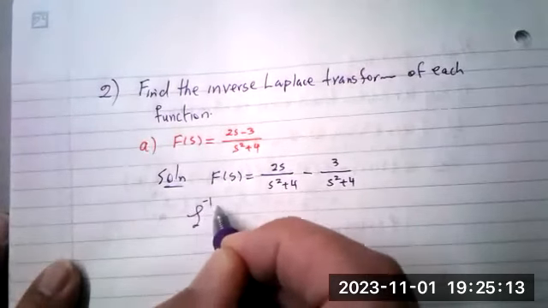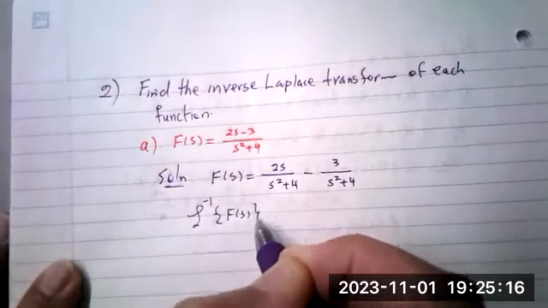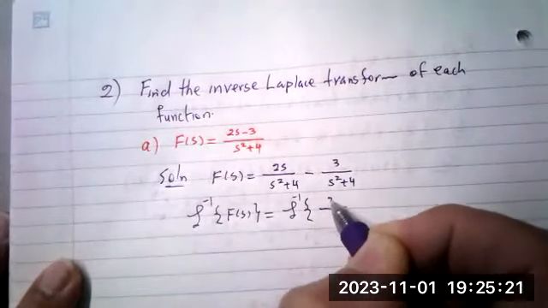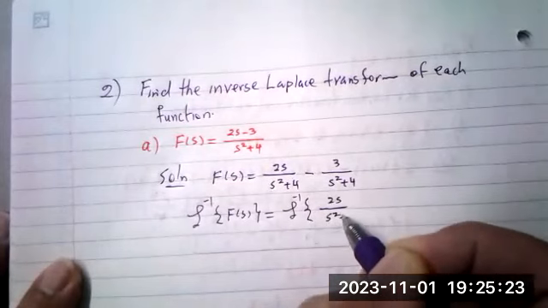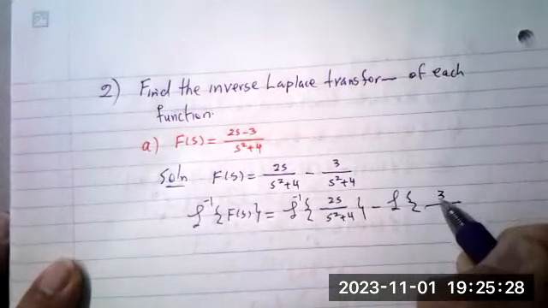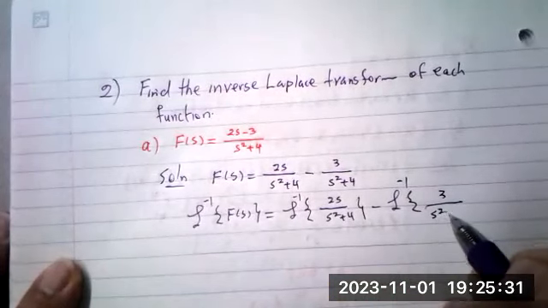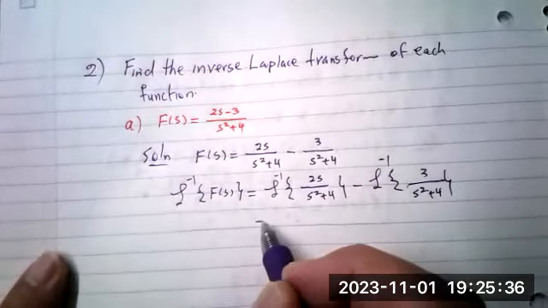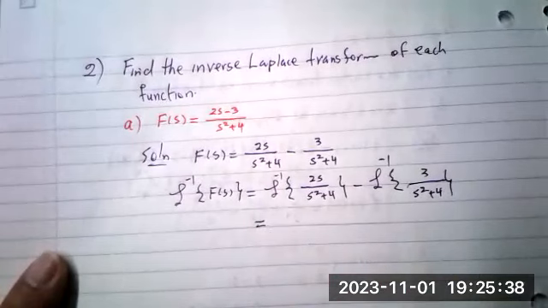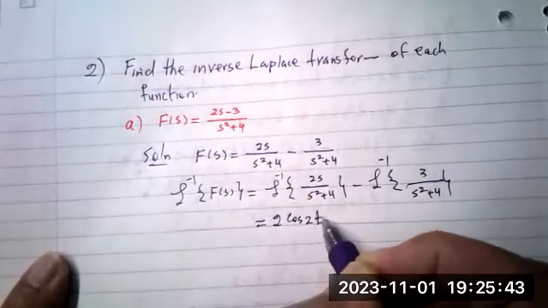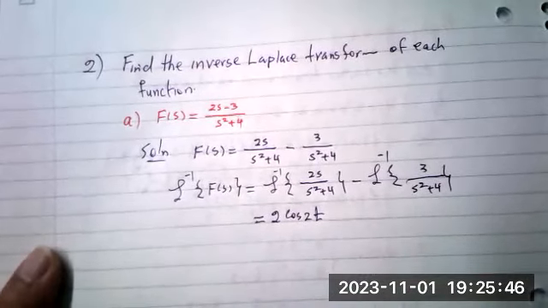Okay, so Laplace inverse of F of s is going to be equal to the Laplace inverse of the first one, 2s over s squared plus 4, minus Laplace inverse of the second one, 3 over s squared plus 4. You know that the first one is cosine. You pull out the 2, the leftover is going to be 2 cosine of 2t. That's the first one. For the second one, what's missing?